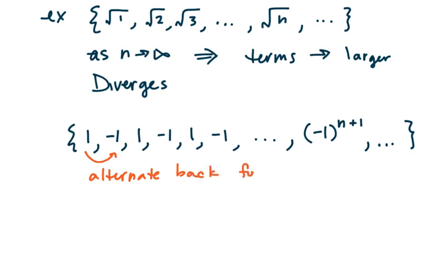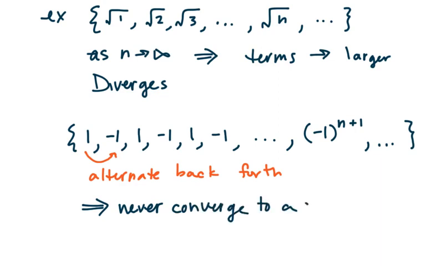So they alternate back and forth. These never converge to a single value. And that's not to say an alternating sequence can't converge, but in this situation, it's never going to go to a specific value. It's always 1 or -1. So this is another example of a divergent series.